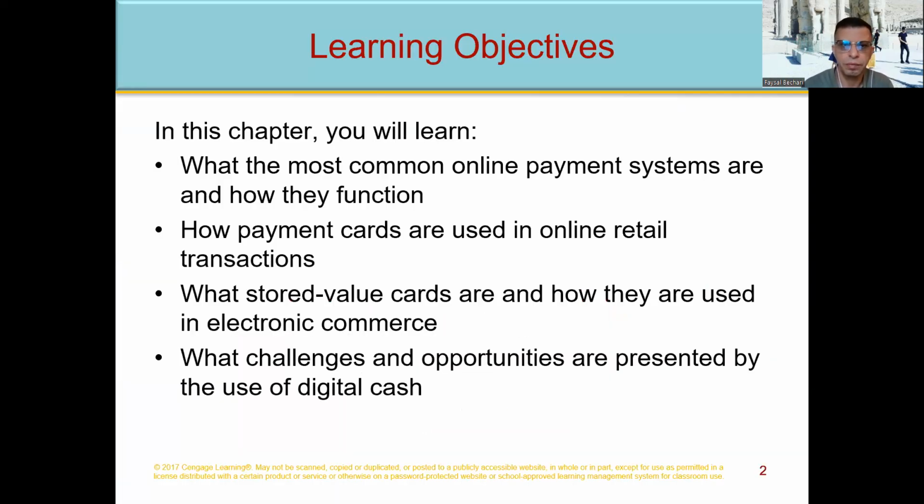The learning objective in this chapter is about what the most common online payment systems are and how they function, how payment cards are used in online retail transactions, what stored value cards are and how they are used in electronic commerce, and what challenges and opportunities are presented by the use of digital cash.